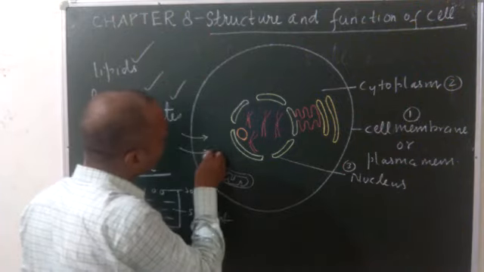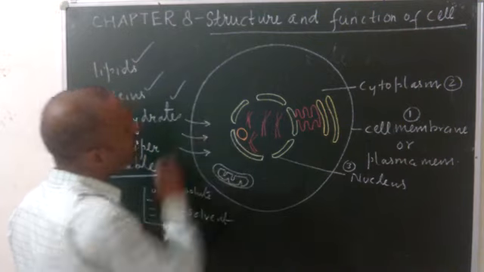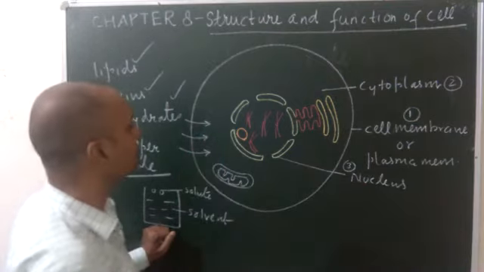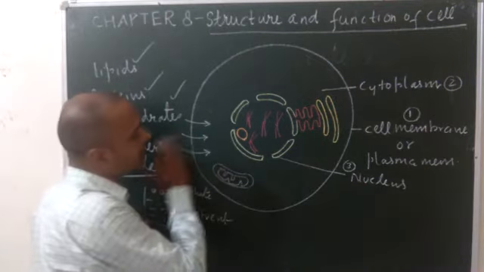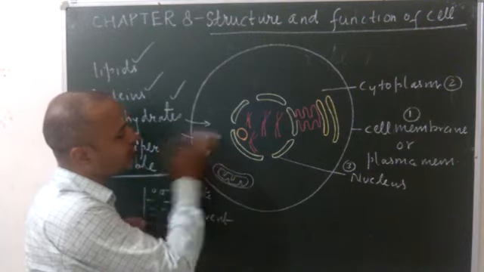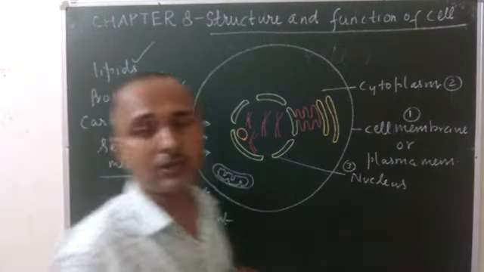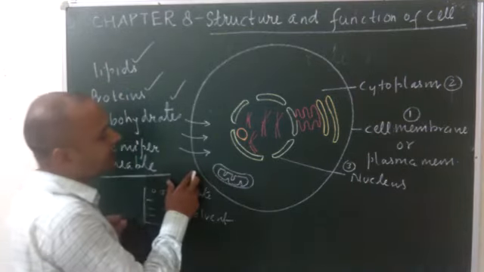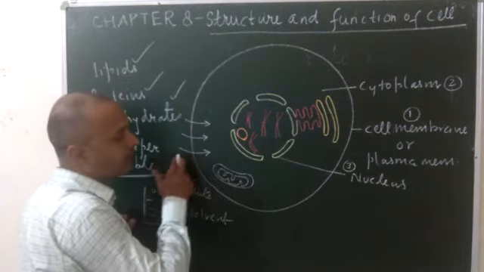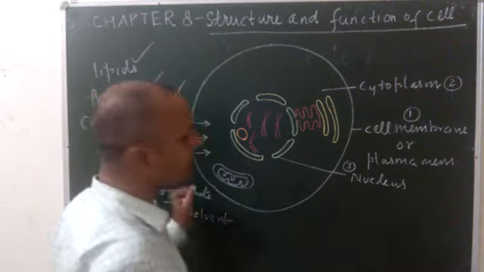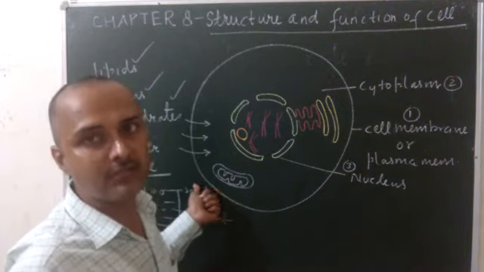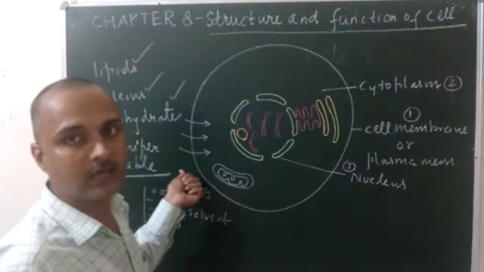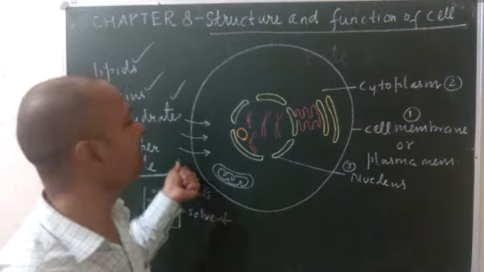Water can easily pass, but not all molecules of solute can pass. Only selected molecules of solute can pass through the cell membrane, either from the cell to the outside or from outside to the cell. Selected means only the solute molecules required by the cell will pass across the cell membrane. The solute molecules that are not required will not pass.